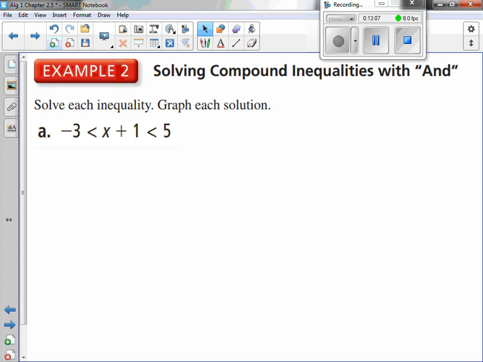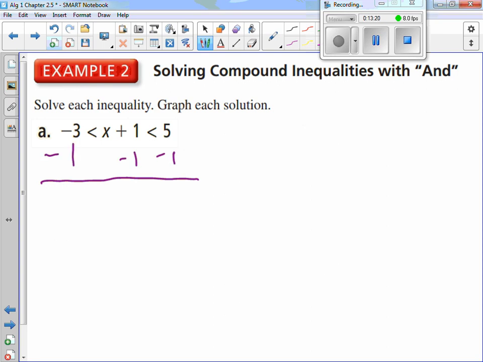Do we feel comfortable with these here? Does this look really easy now? Yes? So what would we do with this here? Yeah, -1. Is less than.